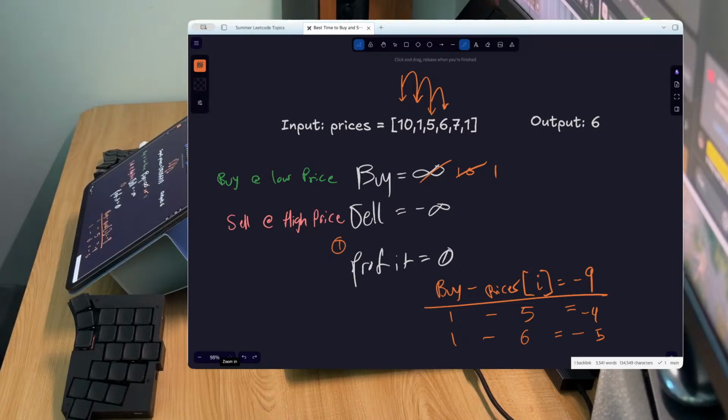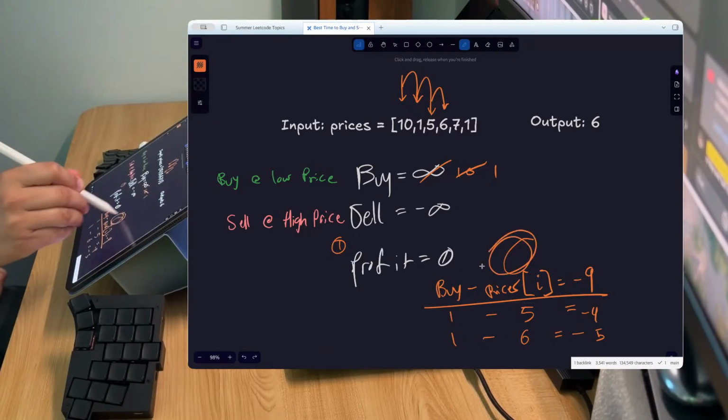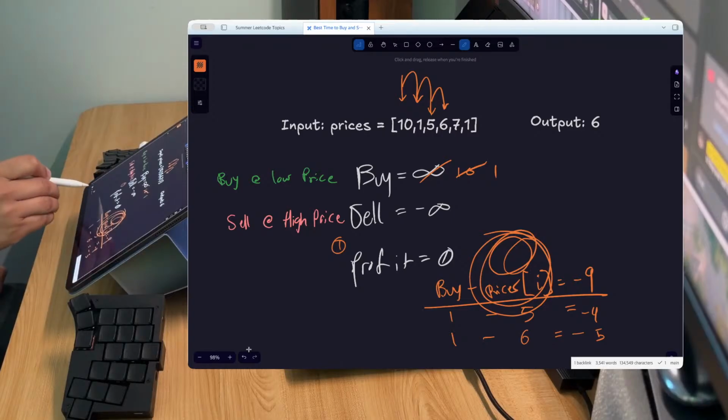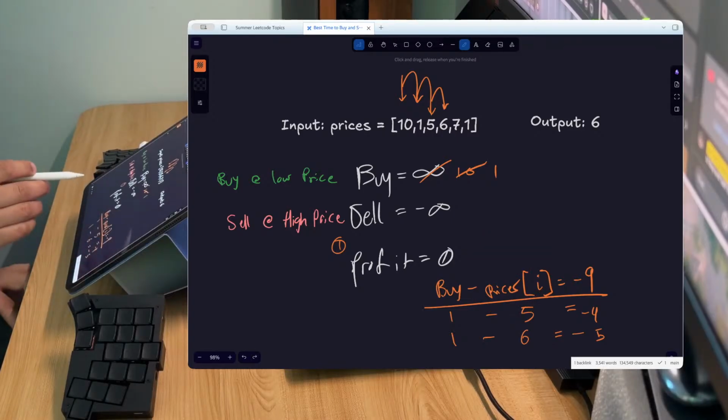And sell stays at negative infinity. You know what? I don't even think we need a sell variable, because this one's acting like the sell. Actually, we might need a sell to hold the highest profit we've made so far.